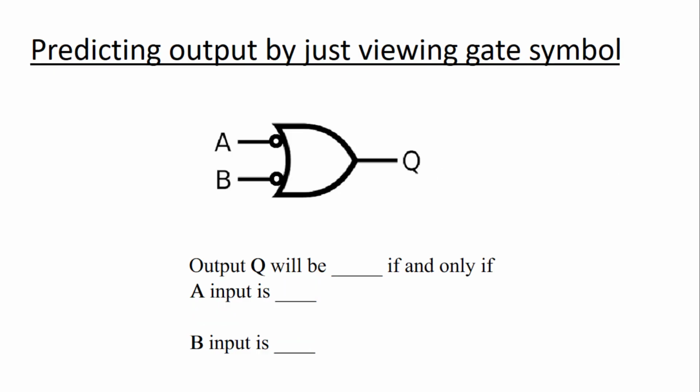Similarly, over here, this OR gate has two bubbles at its inputs. So basically, output Q will be high if and only if the A input, where the bubble represents low, is low, or if the B input is low.